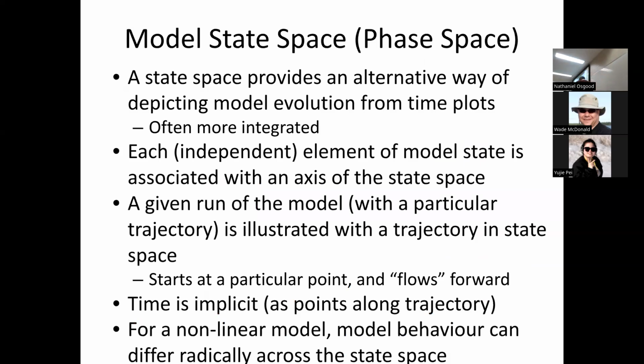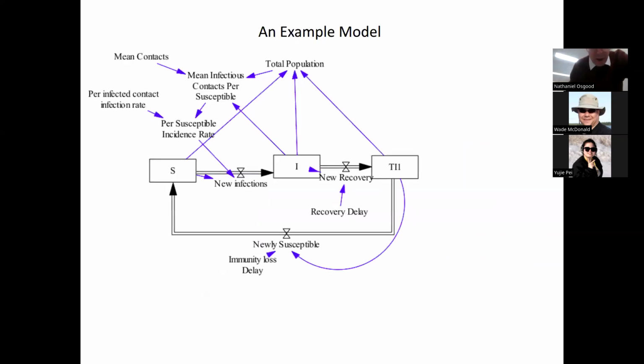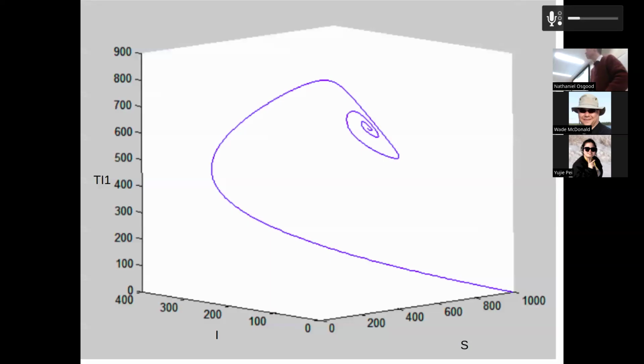And within our class, from the perspective of modeling, we talked about this construct of a state space. You may remember some of our depictions of state space.